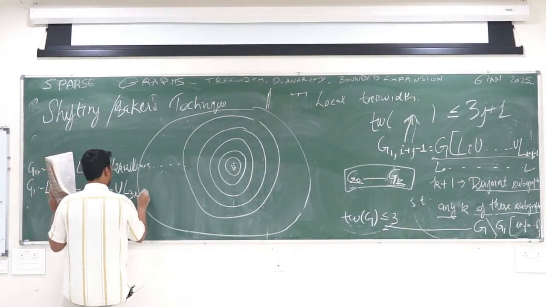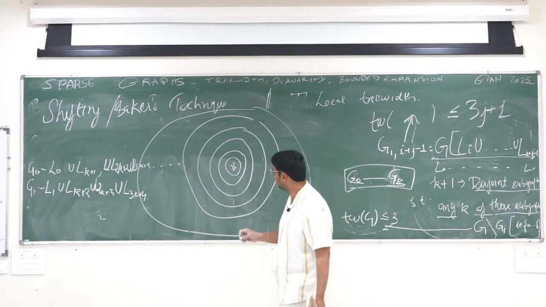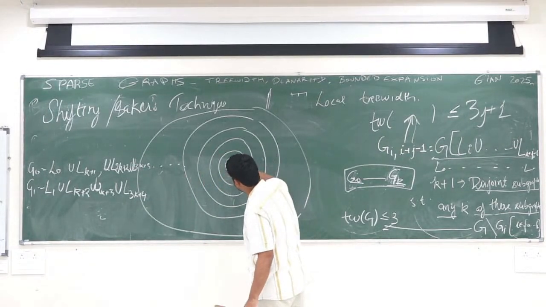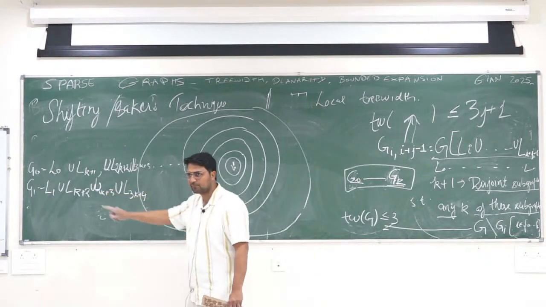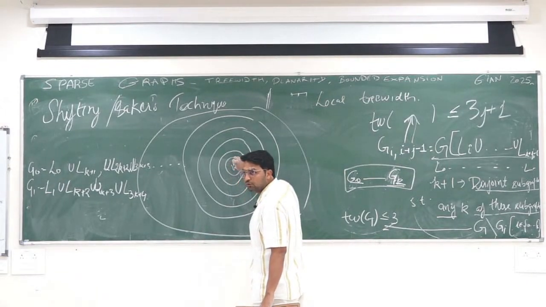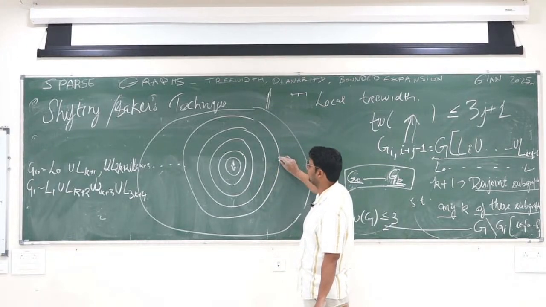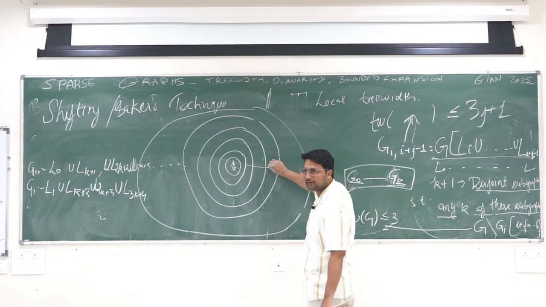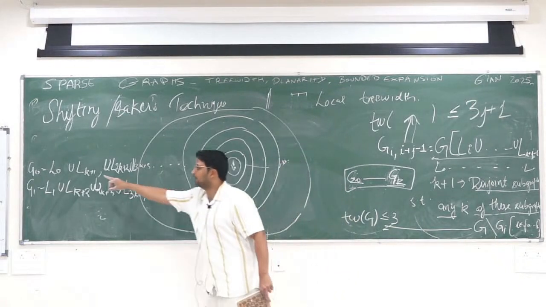So what I am doing essentially is, first I am starting with G0. I take the first layer, my center vertex, then I leave k consecutive layers and take Lk plus 1.